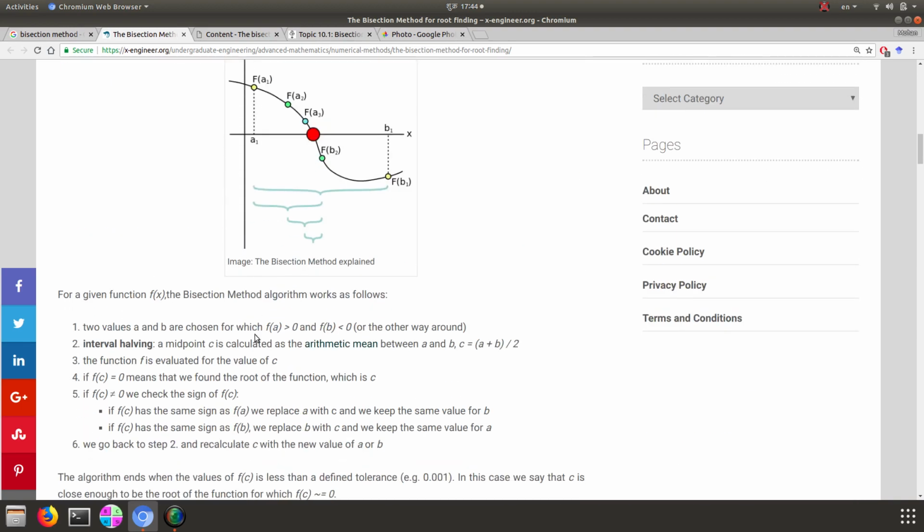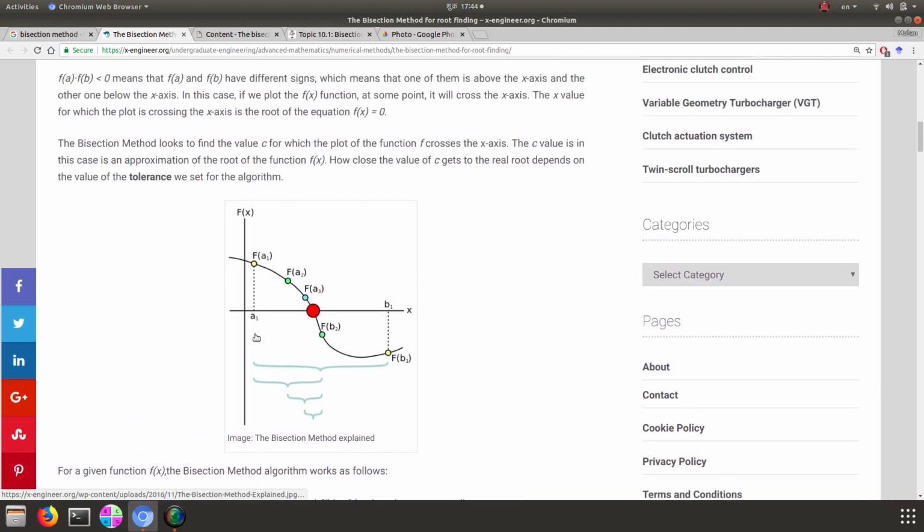The bisection method is based on the principle of the mean value theorem. The basic requirement for finding the root using the bisection method is that we have 2 values of x such that the functional values of f of x at these two points have opposite sign.